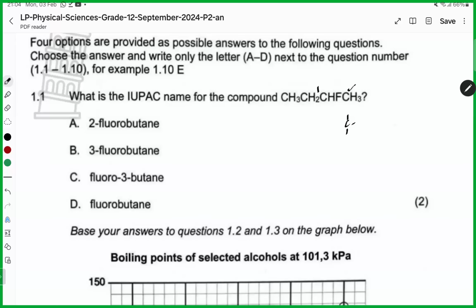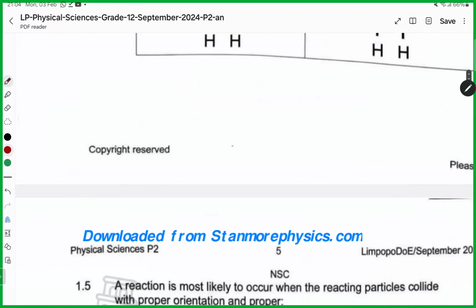Then you got a CHF here. Then the next one is a CH2. And then the last one is a CH3 there. So it's 2-fluorobutane, correct? So it's A.